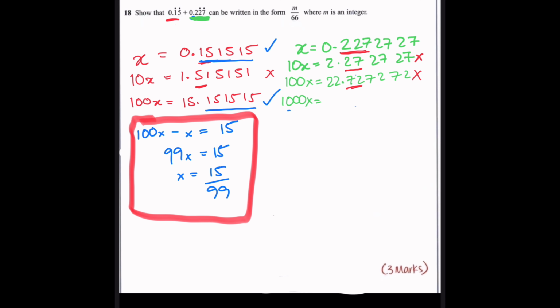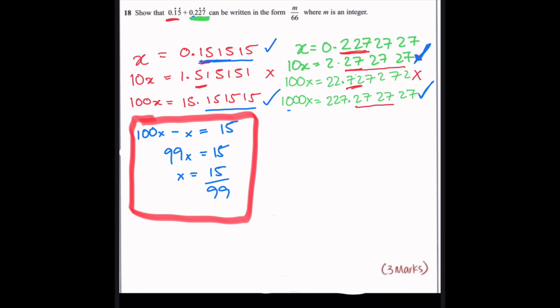Now if I have 1000x, I have 227.272727. And now I'm going to check this again. Does this match with anything? The decimal here is 2727. The decimal here is 272727. So these two, 10x and 100x, now match. So these are the two I'm going to use here.